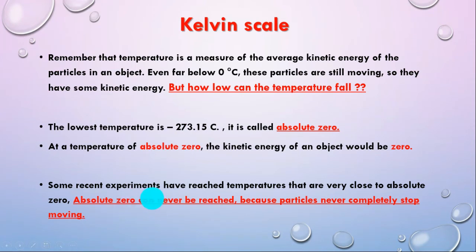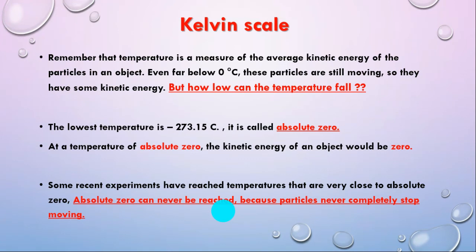Some recent experiments have reached temperatures that are very close to absolute zero. Absolute zero can never be reached because particles never completely stop moving. What does it mean? You can't go to a place and say the temperature of this place is negative 273.15 degrees Celsius. We don't have this temperature in real life.